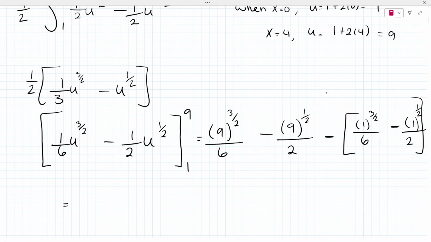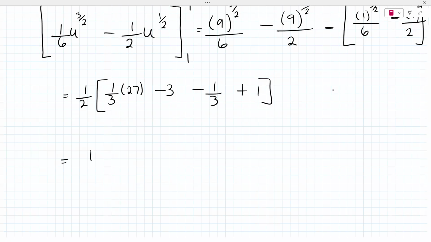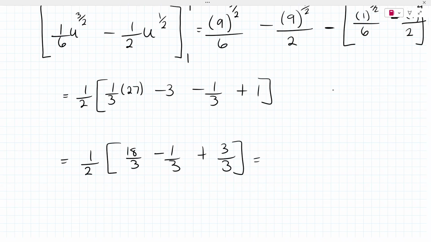This is 1/3 times 27 minus 3 minus 1/3 plus 1, and then 18 over 3 minus 1/3. 1 over 1 can be expressed as 3 over 3. When you put it all together, you should get 10/3. That is your final answer.